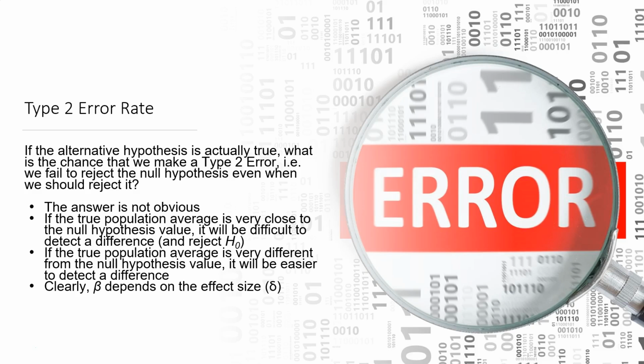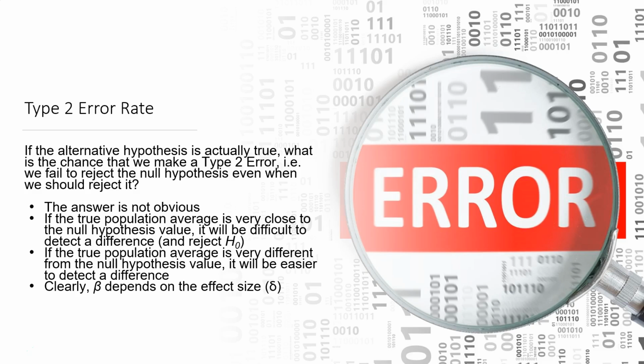So when we look at our type 2 error rate, this is where we're looking at if the alternative hypothesis is actually true. What would be the chance that we make a type 2 error, meaning we fail to reject the null hypothesis even when we should have? The answer for this really isn't quite obvious.